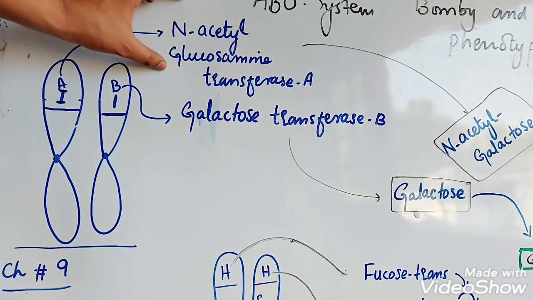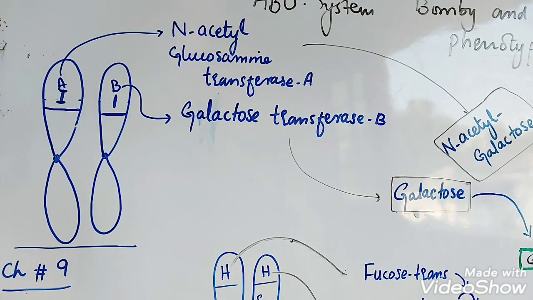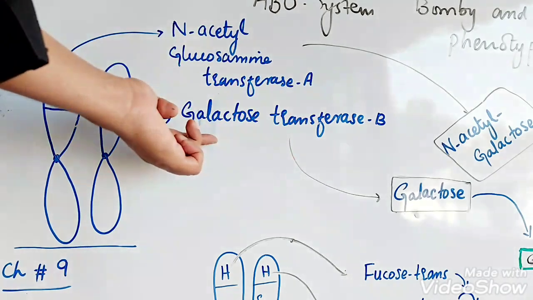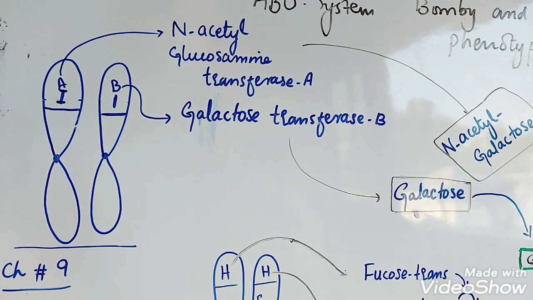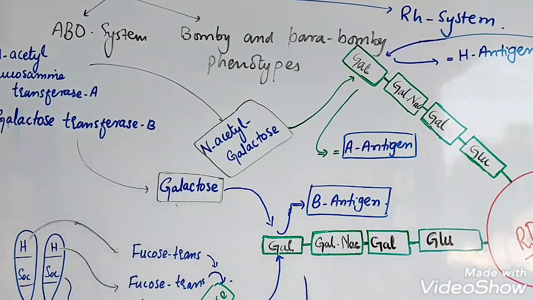But what about this prefix? Transferase A will transfer the N-acetyl galactose, while transferase B will transfer the galactose. Where will they transfer? Yes, they will transfer these things into the H antigen.